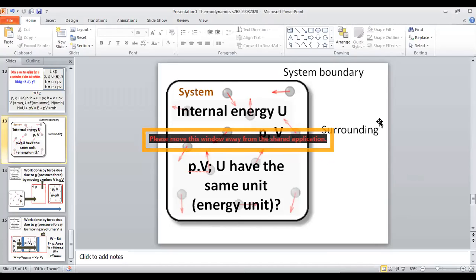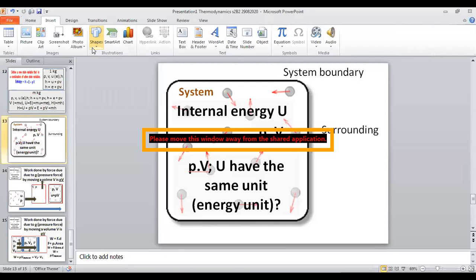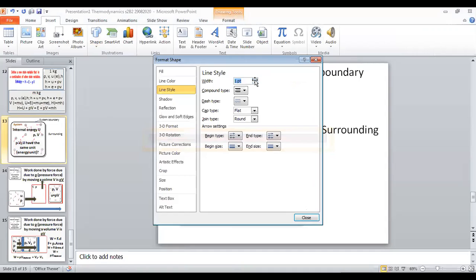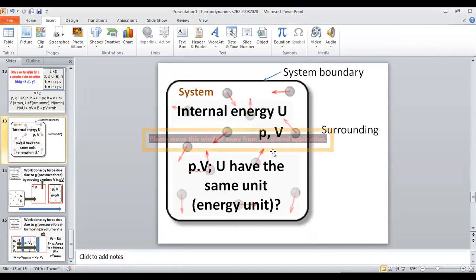Okay. So here is the system boundary. This is the boundary. System boundary. Okay.